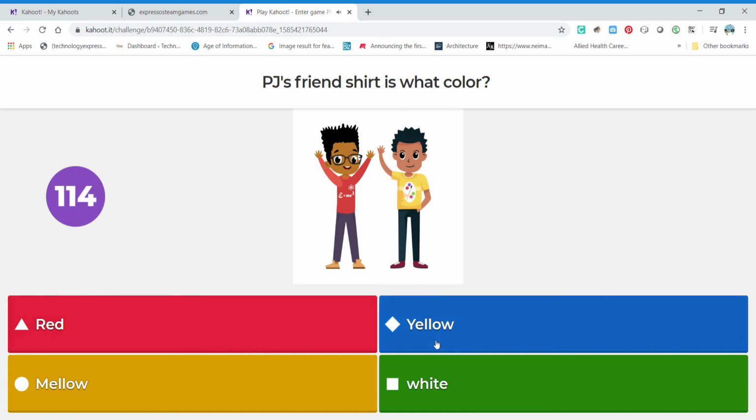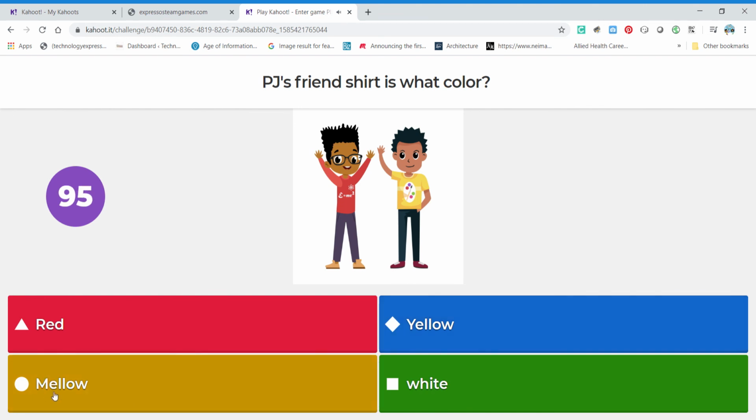Okay, is it red? Is it yellow? Is it mellow? Is it white? See, this is a little bit tricky. I said be careful. Don't look at the background colors because the word yellow starts with a Y. Yellow.